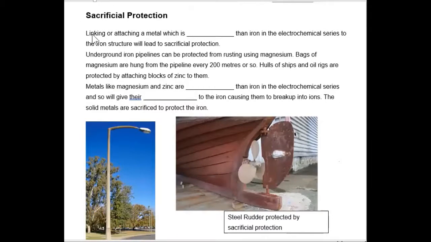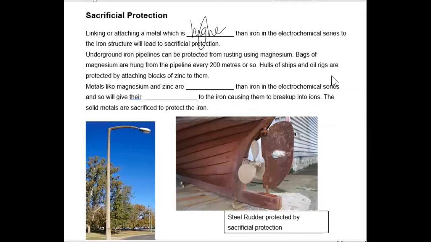Sacrificial protection. Linking or attaching a metal which is more reactive, or higher than iron in the electrochemical series, will lead to sacrificial protection. Underground iron pipes can be protected from rusting using magnesium. Bags of magnesium are hung from the pipeline every 200 metres or so.